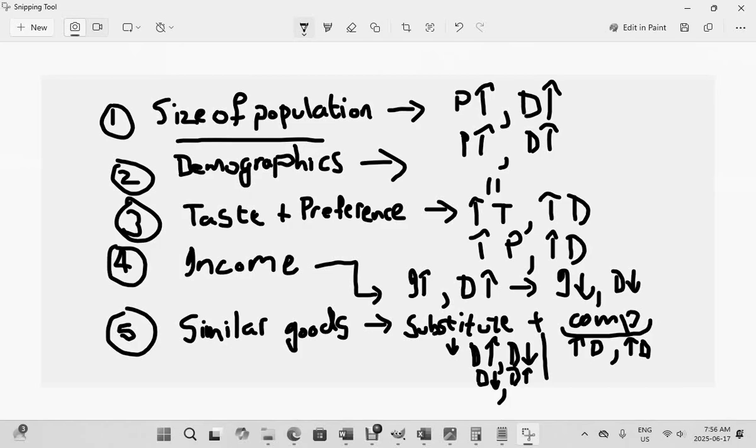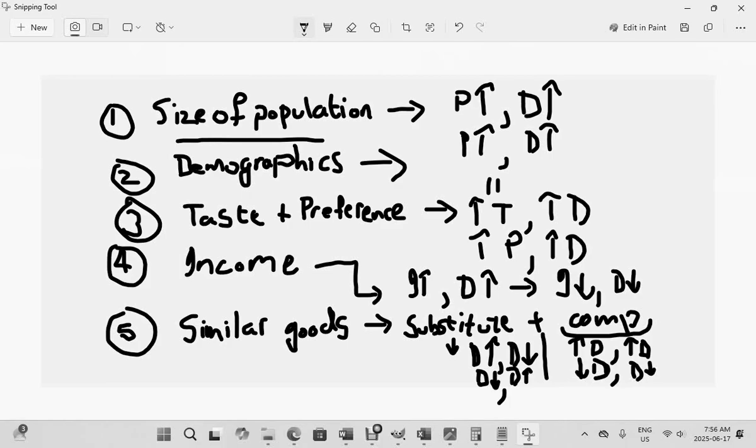So as the demand for a complementary product goes up, or goes down in this case, the demand for the other product will go down as well.